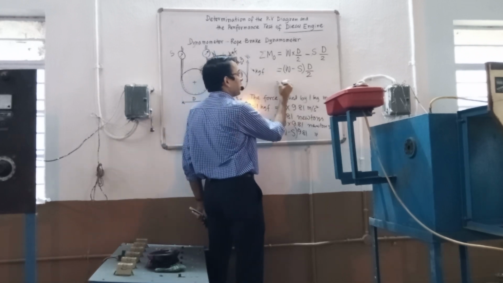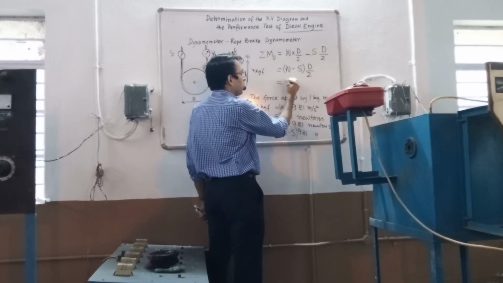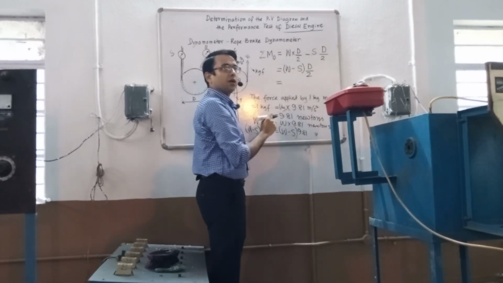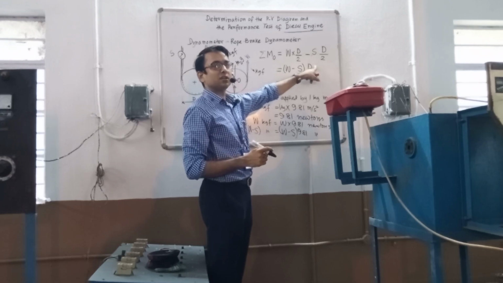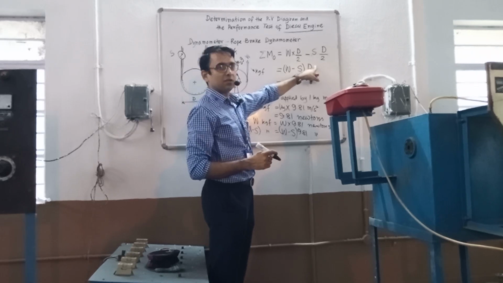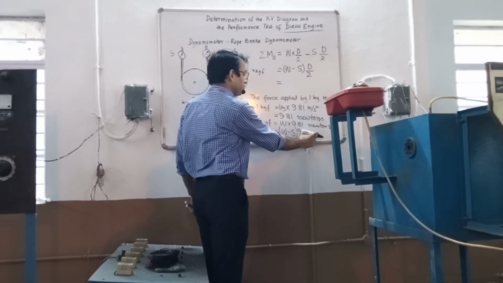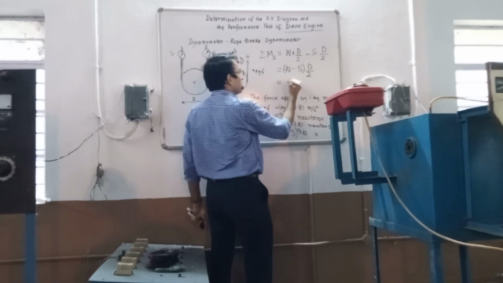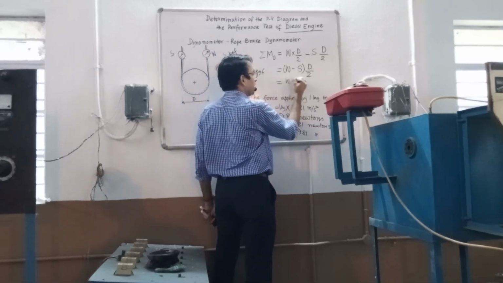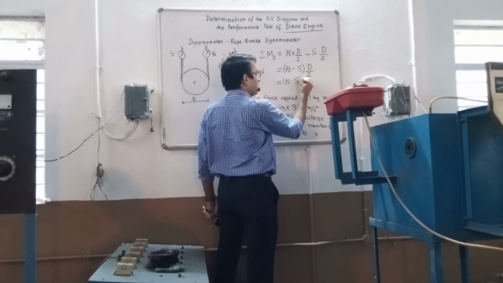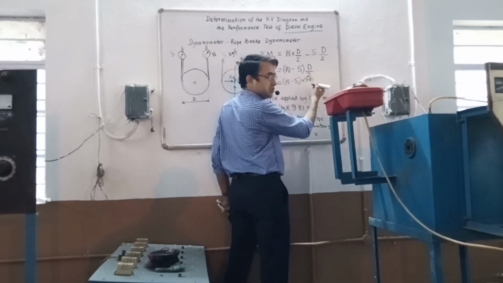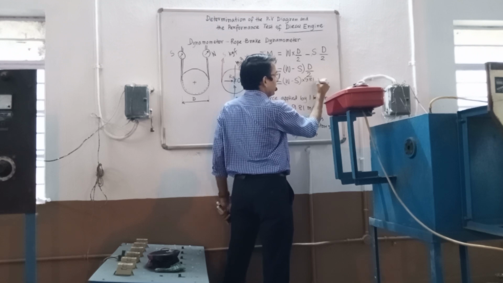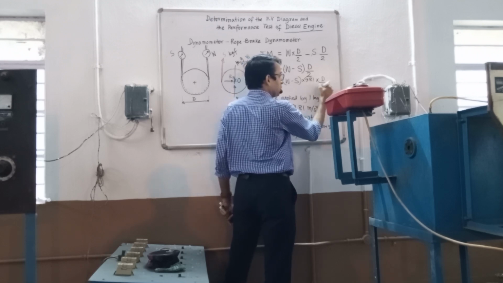Okay, so therefore I can write this one, what is the unit of D? Meter. So it will be Newton meter. So it will be W minus S multiplied by 9.81 newtons multiplied by D by 2.